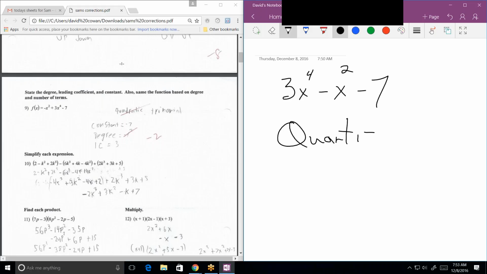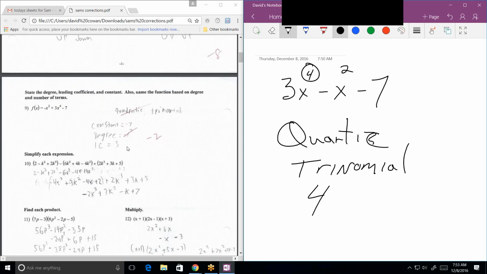And it's still a trinomial, so that's good. Got 3 terms, that's what matters. The degree is 4. In other words, the degree is your highest exponent after it's been simplified. Okay? And the constant is -7.